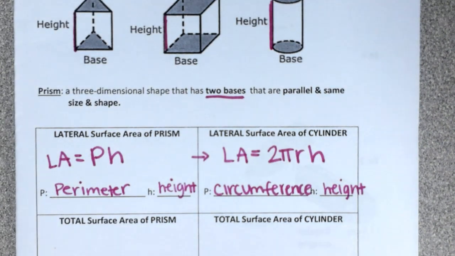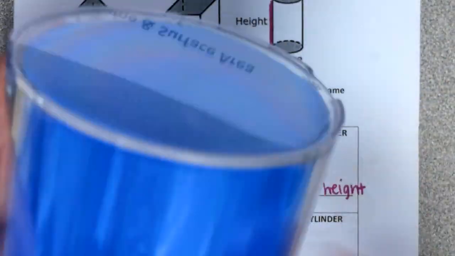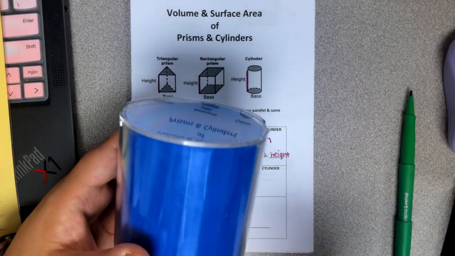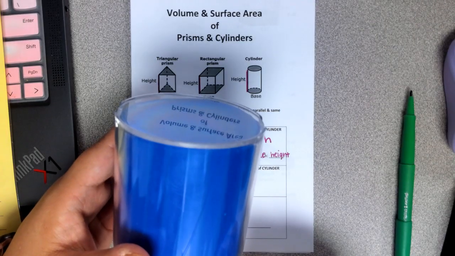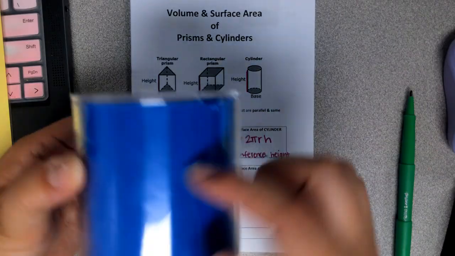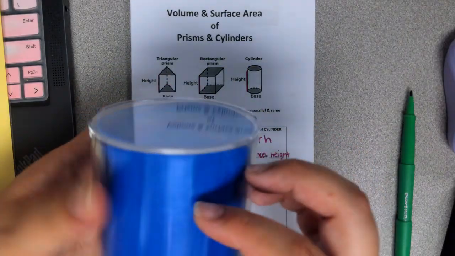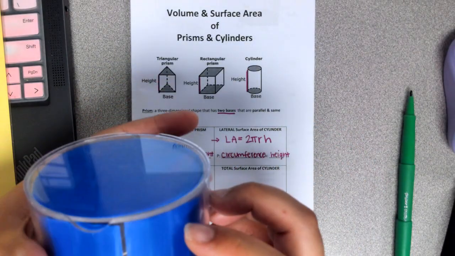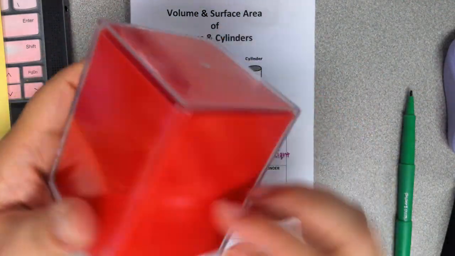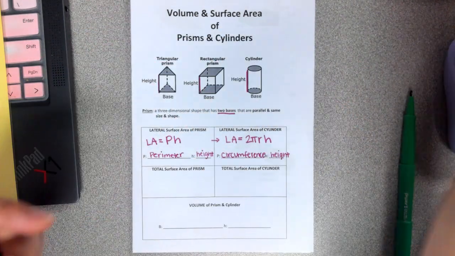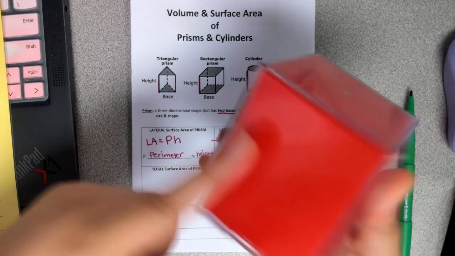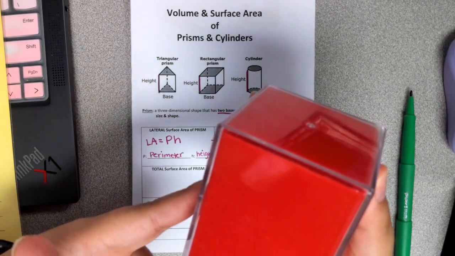What does it mean to have the lateral surface area of this cylinder right here? What does the lateral mean? It's around. Lateral surface area is, what is the area around here? Does that make sense? All right, for this one right here, it's what is the area around? Okay? That would mean finding the area of this one, this one, this one, and this one, not the bases.